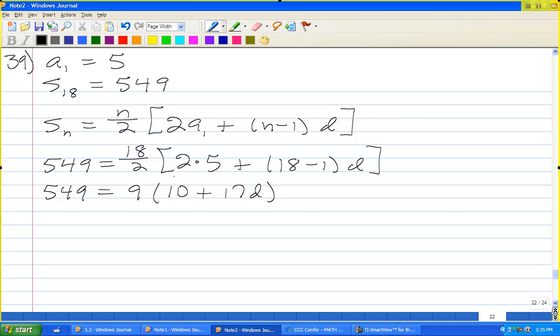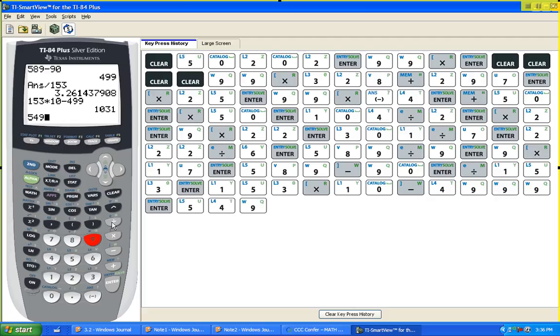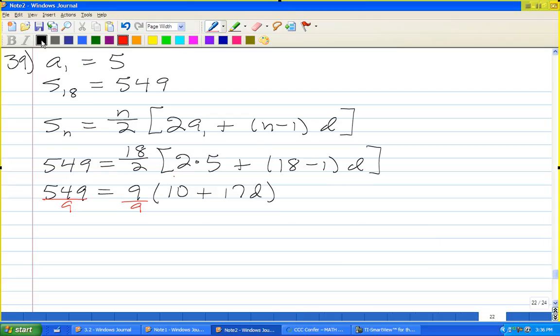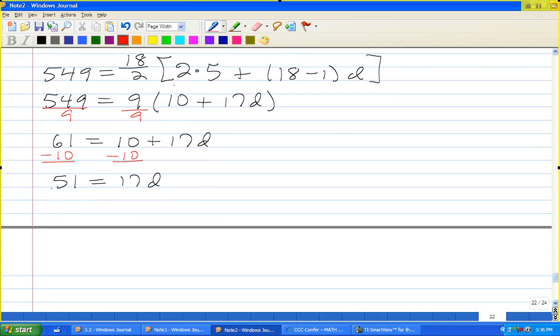Let's divide both sides of my equation by 9. 549 divided by 9 is 61. Subtract 10 from both sides. So 51 equals 17d. Divide by 17. So d is equal to 3.